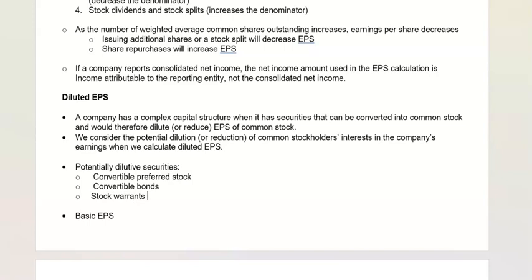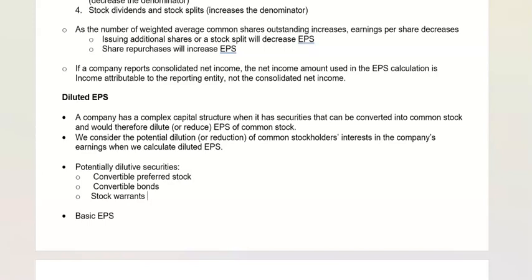A good example of stock warrants is employee stock options. The company gives these options to the stockholder. At the stockholder's discretion, they can decide they want to exercise that option and turn it into shares of common stock. If any of these actions took place, it affects earnings per share.